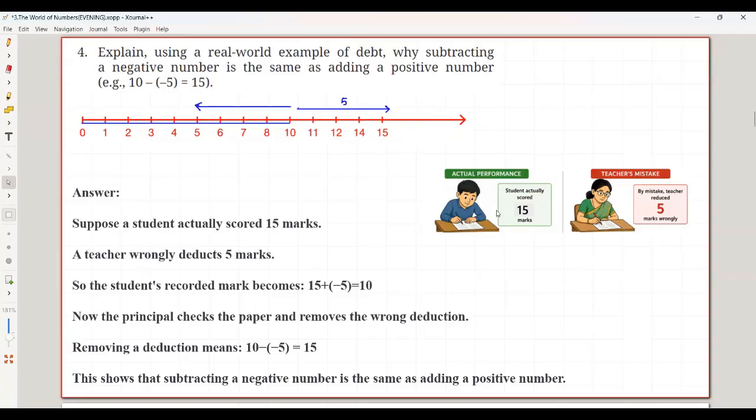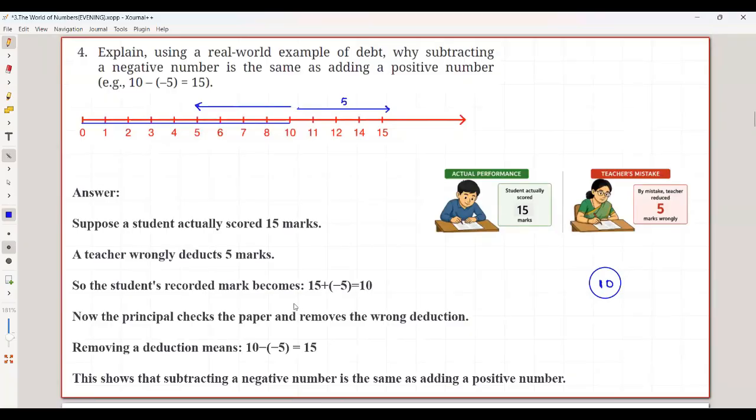Actually his mark is 15, but the teacher has given only 10 marks in the paper. Now the principal comes and checks the paper. The teacher reduced 5 marks mistakenly. The principal removes the correction and gives 5 marks, so automatically it becomes 15 marks.